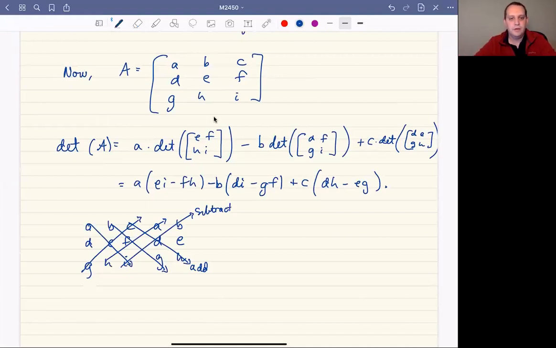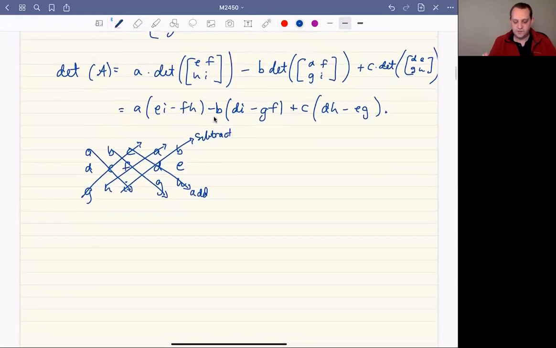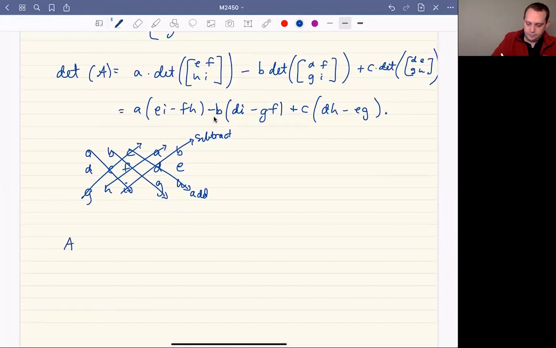In general, if you have a higher order matrix, if you have a 4 by 4, you can do basically the same process.